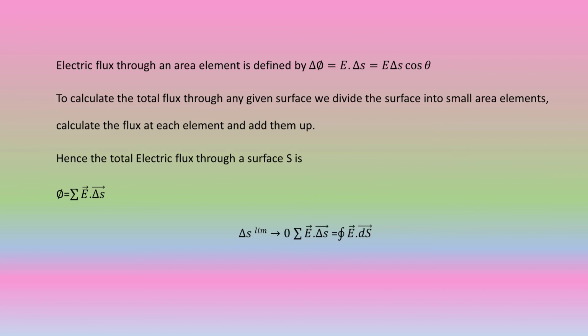Hence, the electric flux through a surface S can be given as summation of vector E dot vector delta S. But if we define delta S to be very small, so that delta S tends to zero, then the summation of vector E dot vector delta S can be converted into a closed integral. Hence, it is the closed integration of vector E dot ds.